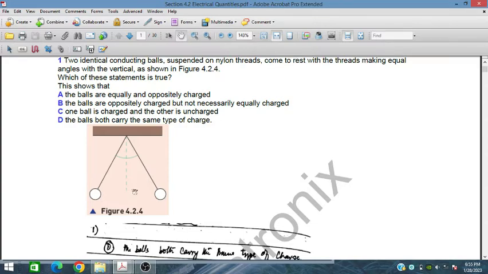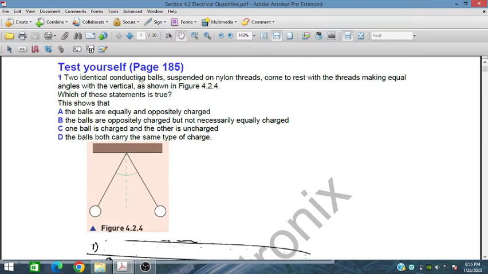So two identical conducting balls suspended by a nylon thread come to rest with the thread making equal angles with the vertical, so they always repel as shown in the figure. So this is the best option.